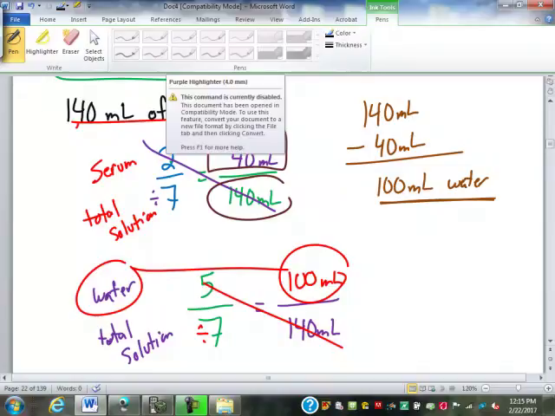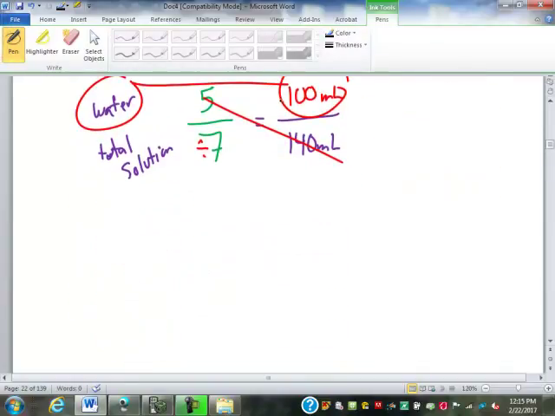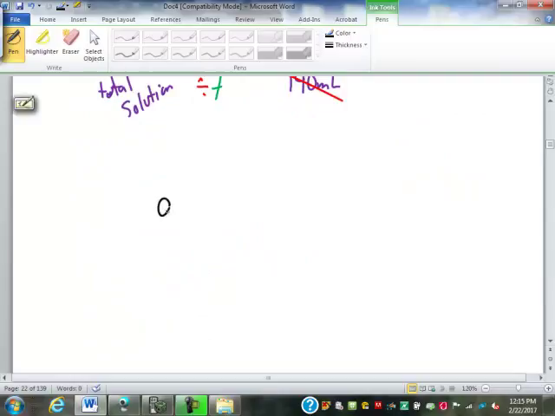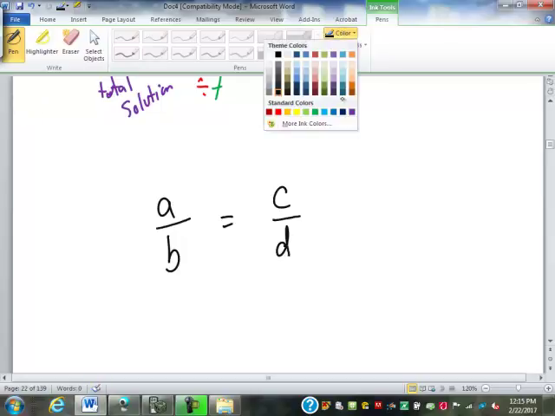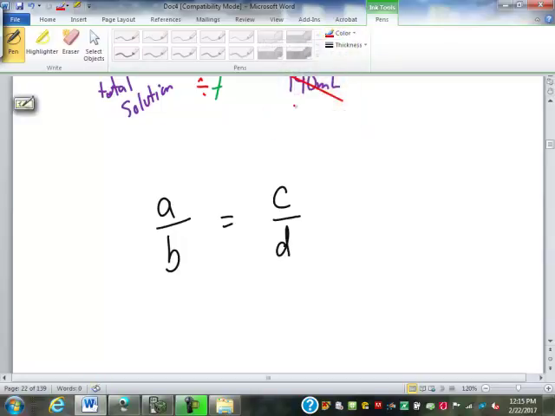The biggest thing we need to know with our ratios, one thing that, as long as you make sure it happens, it'll avoid some very obvious mistakes, is the units that go here. Let's say this is milliliters. Then either this one or this one must also be milliliters.